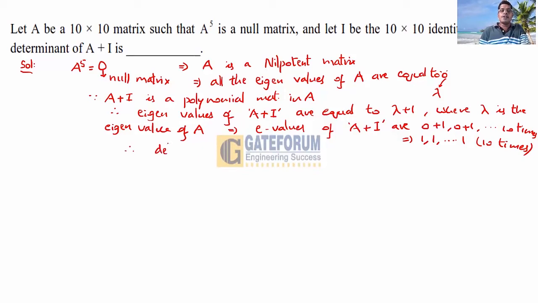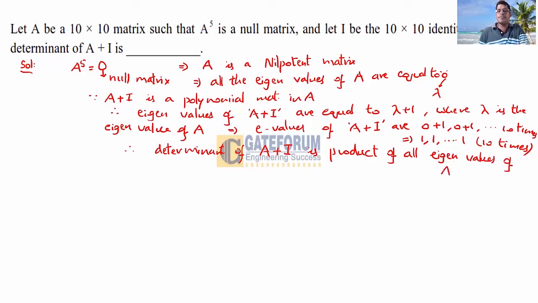Therefore, determinant of a matrix is nothing but product of eigenvalues of the matrix using the properties of eigenvalues. Product of all eigenvalues of matrix A plus I, which is nothing but 1 into 1 into so on 1 10 times.